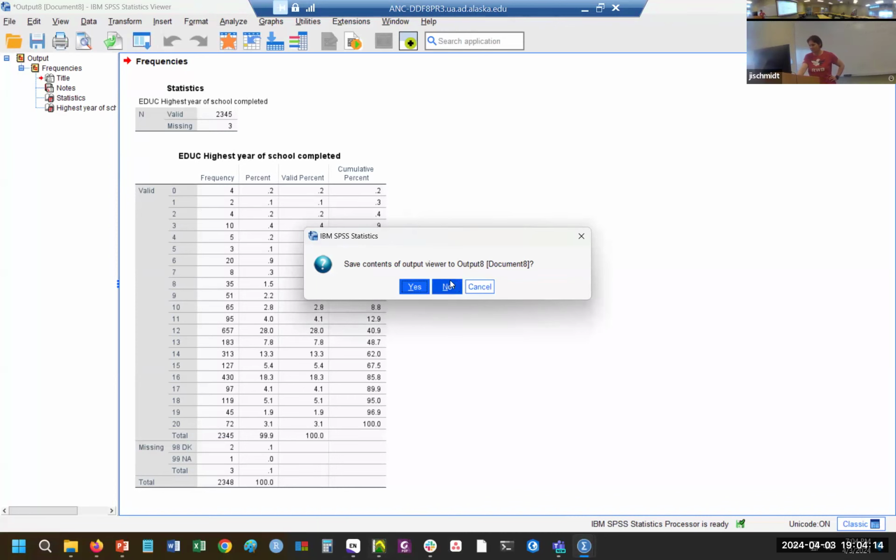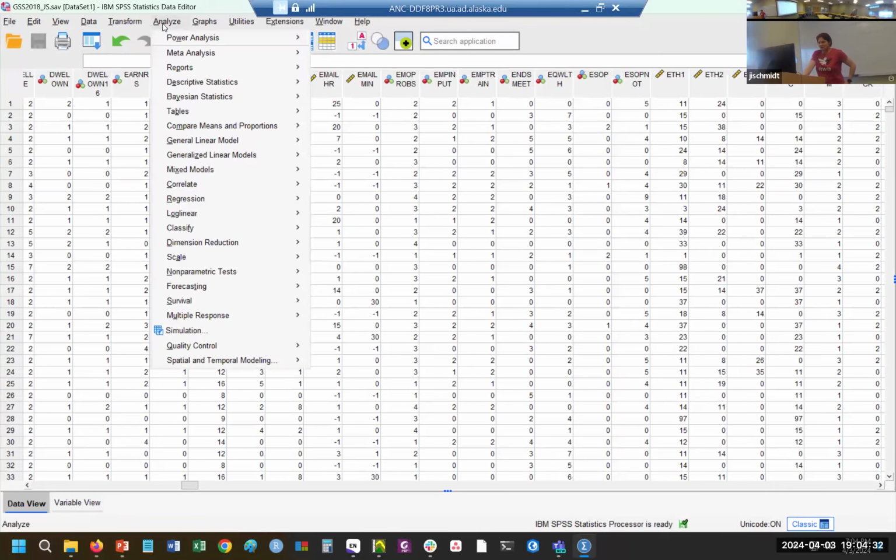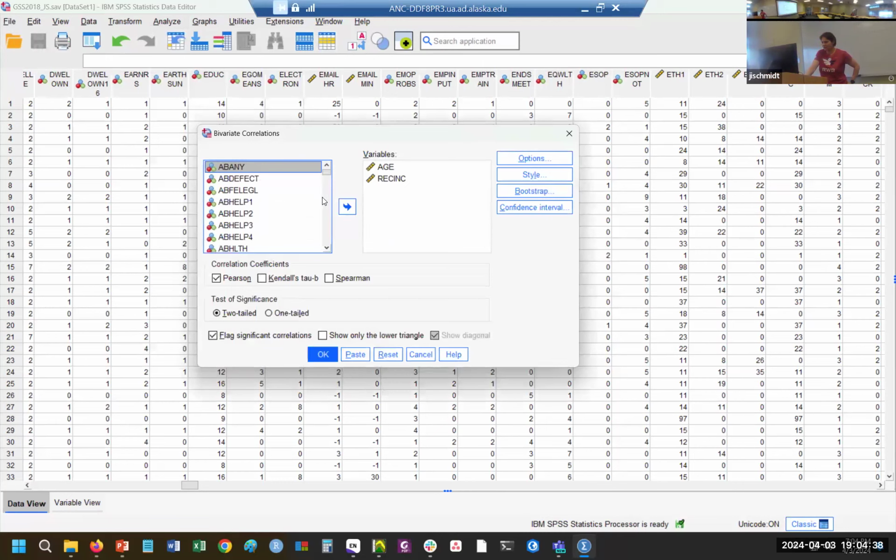Okay. All right, so I kind of hinted that age is not a very good predictor of income. What if we threw a third variable in there? Let's throw in there education. So let's go back to our analyze, correlate, and go down to bivariate and throw education in there.